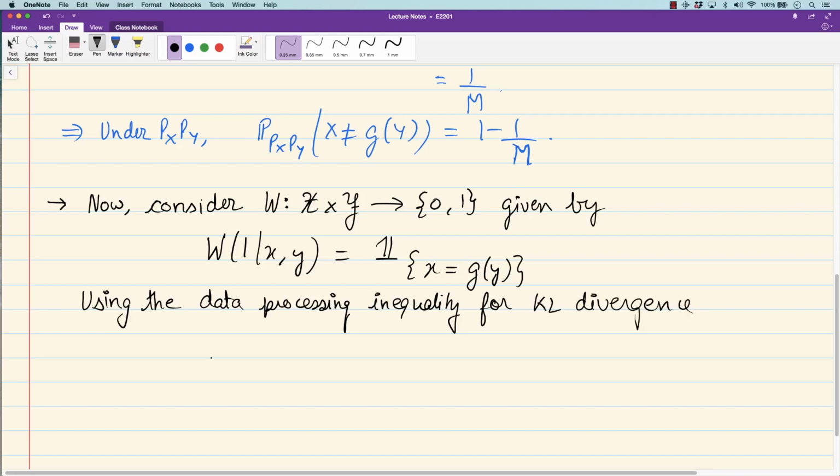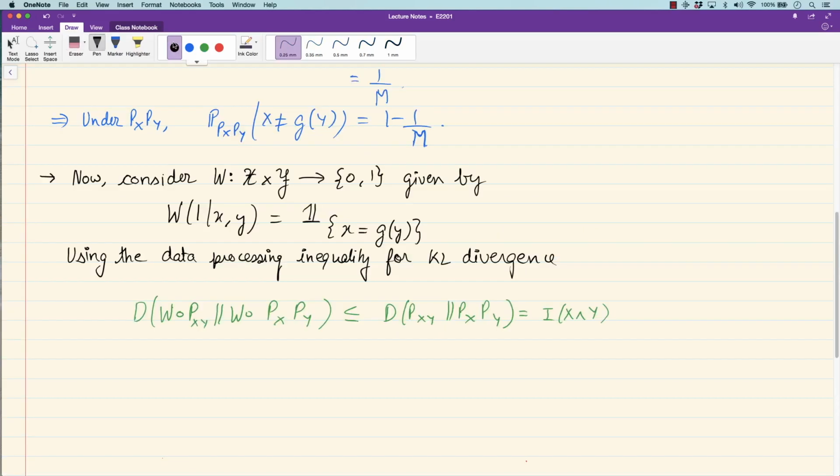The divergence between W applied to P_XY, the original joint distribution, and the useless independent distribution P_X P_Y, by the data processing inequality is less than or equal to the divergence between P_XY and P_X P_Y. Okay, so by the data processing inequality, we have a handle on how large this divergence is.